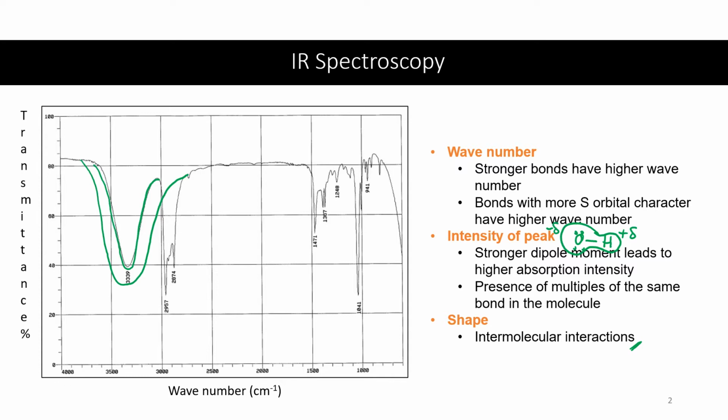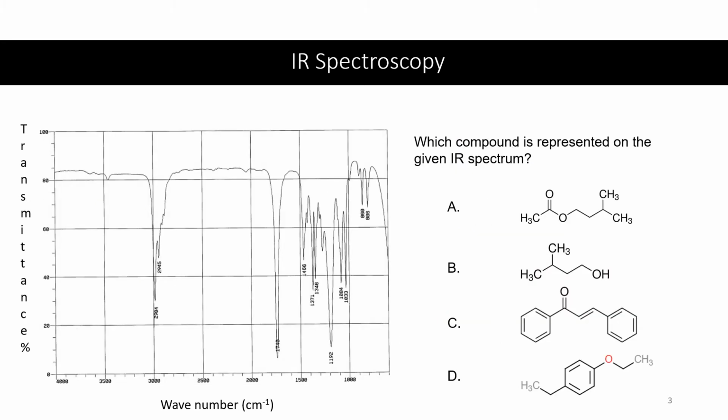So if you are asked a question like this one, if you are given a spectrum and asked to predict which molecule is represented by this spectrum, you should be able to identify the correct molecule. So if we quickly look at this IR spectrum, this peak over here is for the sp3 C-H stretch.